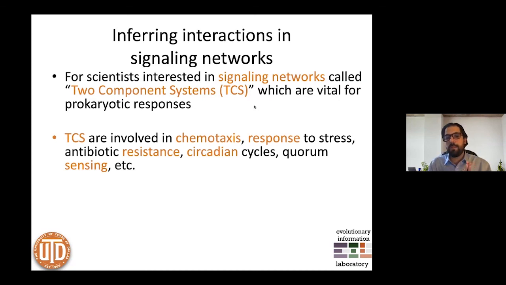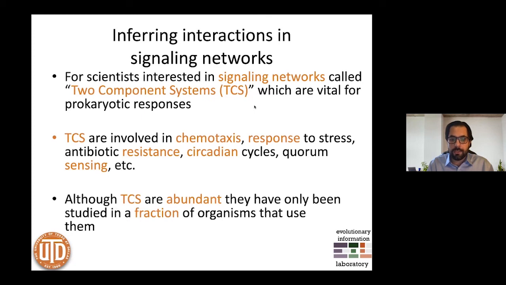It's a way for the cells to internally communicate responses, let's say chemotaxis or response to stress, even sometimes antibiotic resistance or circadian cycles. They use a protein as a sensor that then transmits a signal to another protein called a response regulator, and this response regulator in turn turns on a response in the cell towards those inputs.